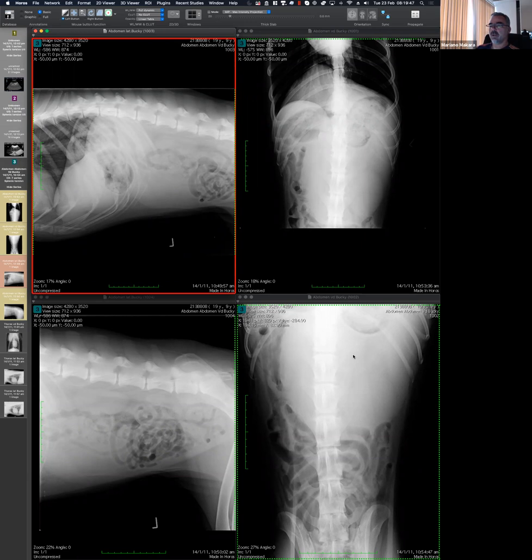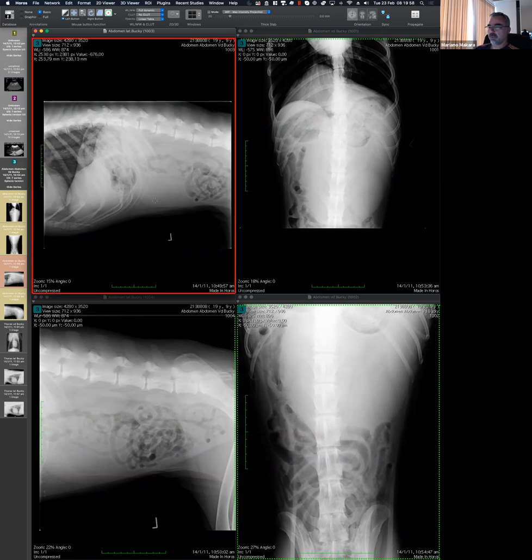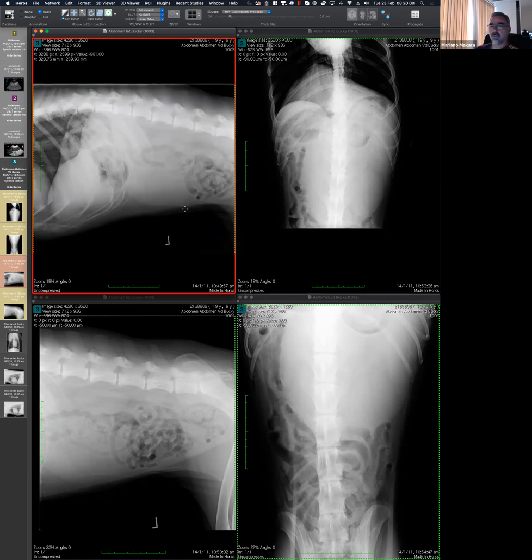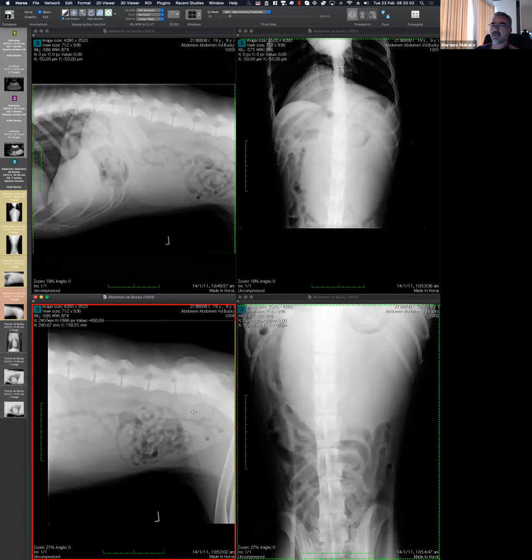Okay, and then before we go into thinking about what are the different options in terms of disease processes going on there. Even though it's 10 years since I've seen the case, I still remember that I was very bothered by what I thought was a mismatch between the size and the appearance of the mass in the VD and the size and the appearance of the mass in the lateral projection.